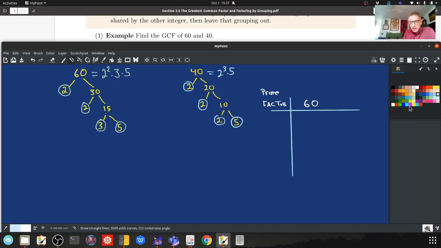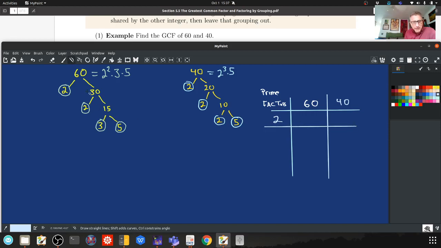And the last column head will be my other number. Sometimes we have more than two numbers. This works for all of them. So here's what you do. You look over here and you say, okay, 60 has prime factors 2, 3, and 5. It doesn't matter how many 2's you have, or how many 3's or how many 5's, it's just distinct prime factors. So I have a distinct prime factor of 2.